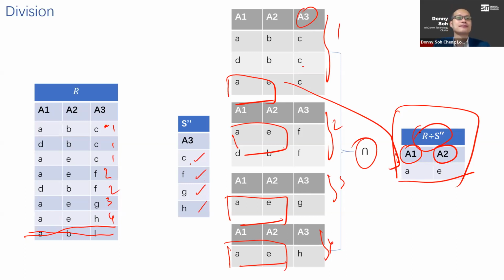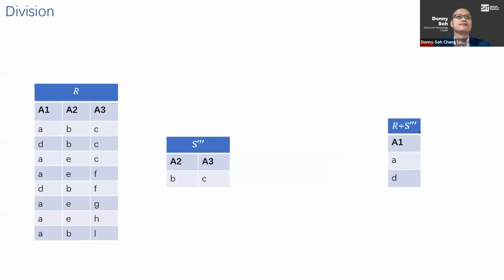Okay. And the final one I have is R with S triple prime. This is an operator with two columns. So the resultant column that will be remaining will be just A1.